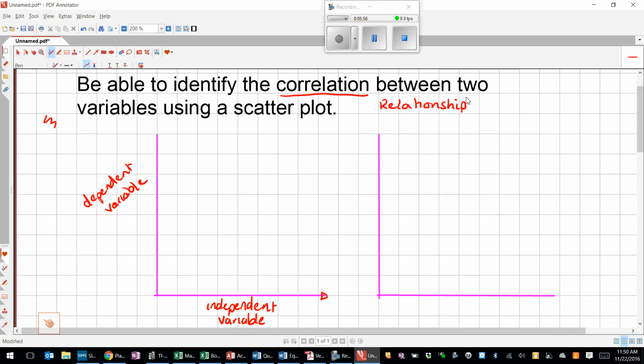Or a different relationship would be what? Think about it, be careful. One relationship would be, if I study more, my grade goes up. It's like saying, if I eat more food, my weight goes up. That's one type of relationship, one type of correlation we'll talk about.